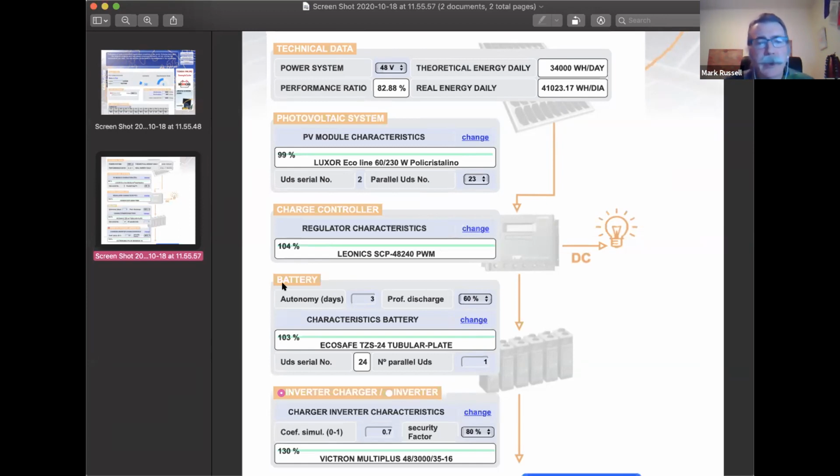What's the next page on it? Okay. So what you want to do from this is, you're generating 41 kilowatts per day, times 365 days. So you've got 14,965 kilowatts.